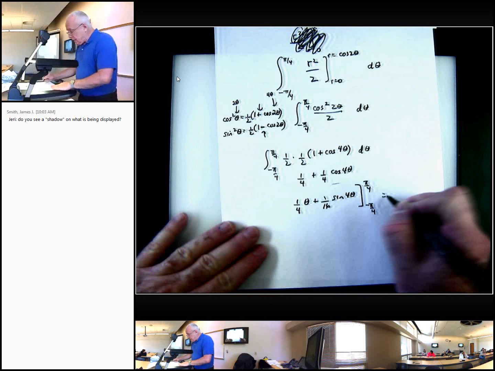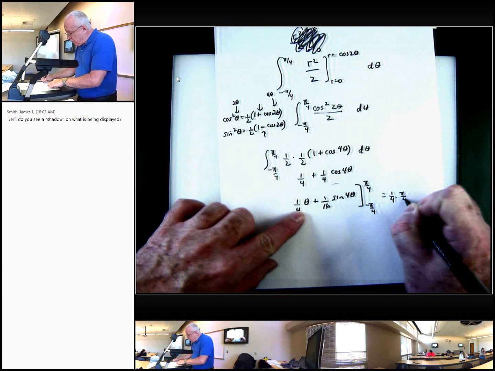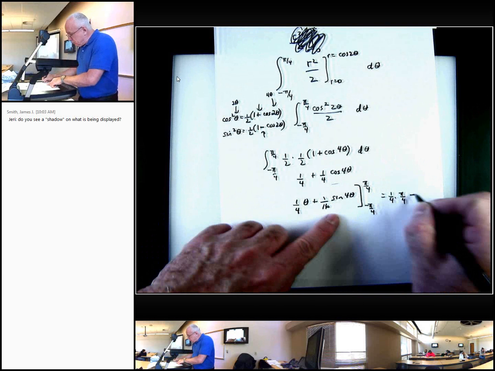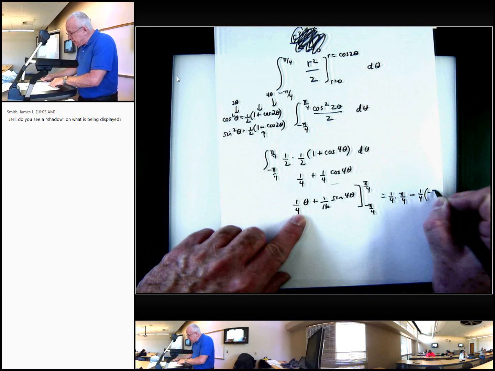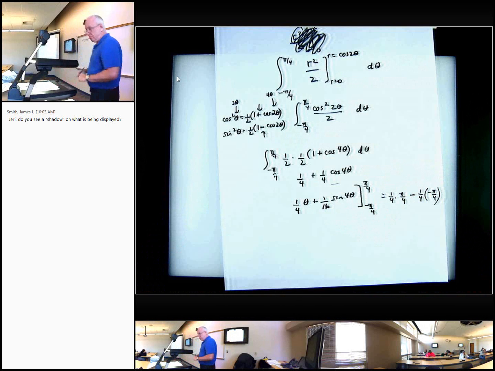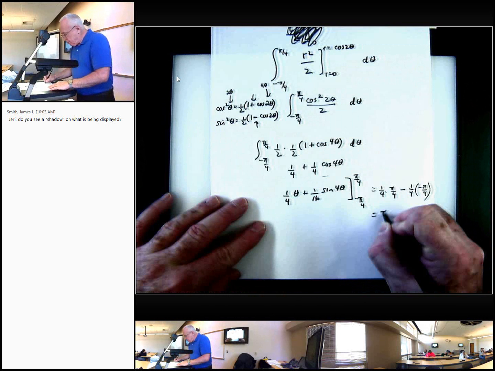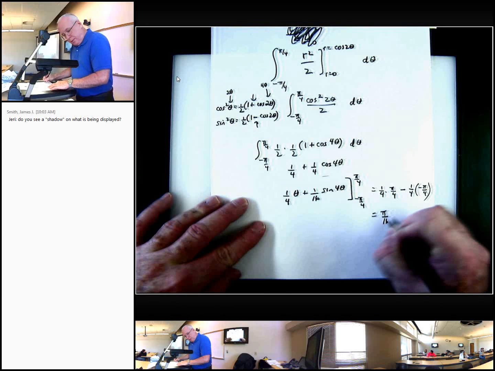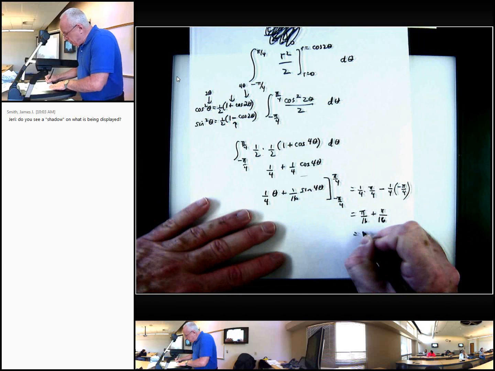So the only thing I'm going to have here is 1/4 times the pi over 4, and then subtracting 1/4 times negative pi over 4. So I have a double negative. So I end up with pi over 16 plus pi over 16, which is 2/16, which is pi over 8.